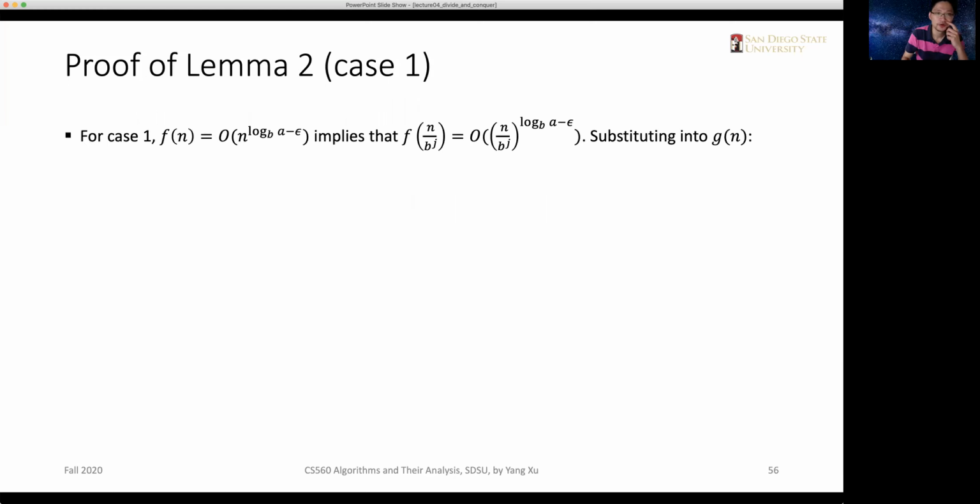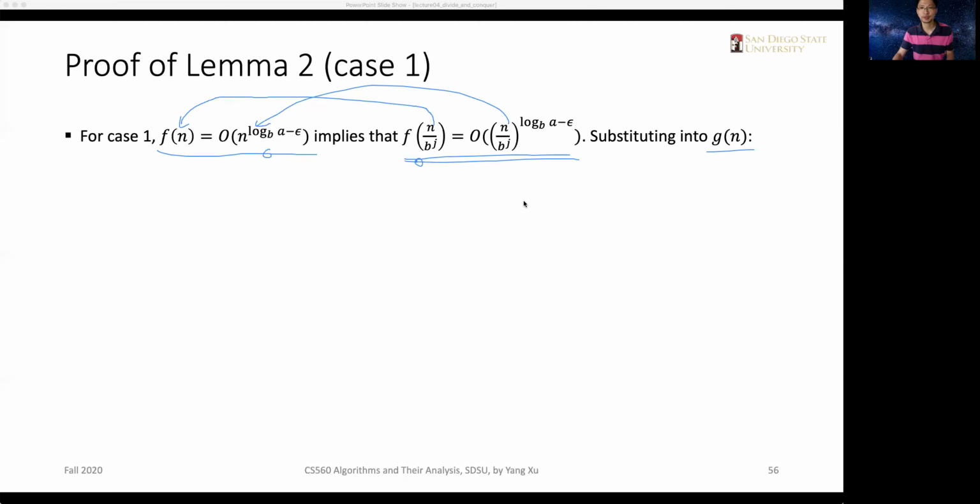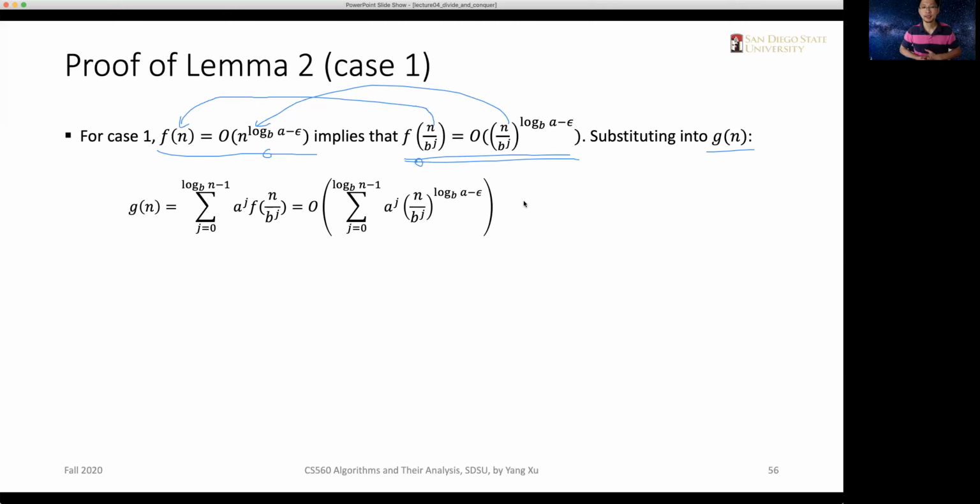For case 1, the condition is that f of n has the upper bound in this form. If we substitute n over b to the power of j into this form, we get this one. We substitute it into g of n, because g of n contains a summation of a bunch of these terms, and the final form looks like this.